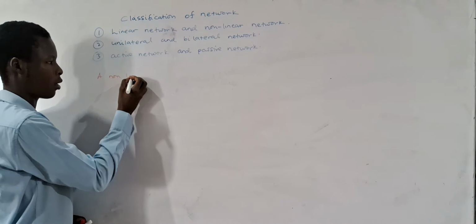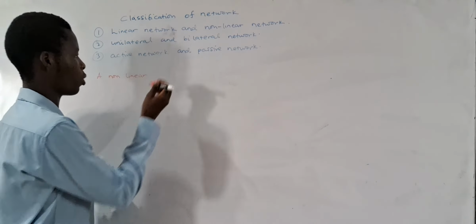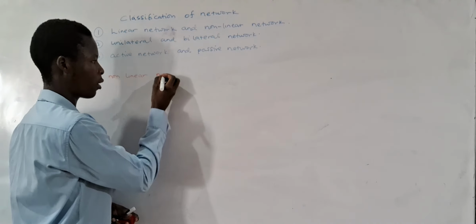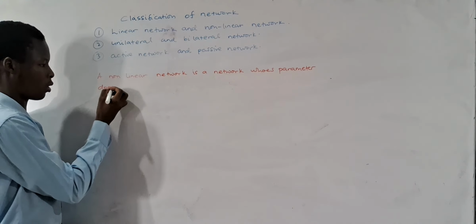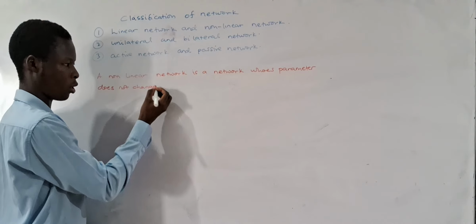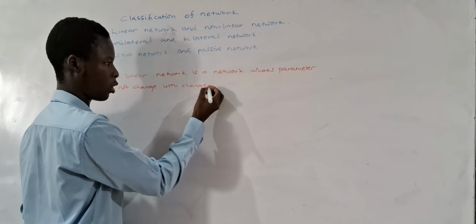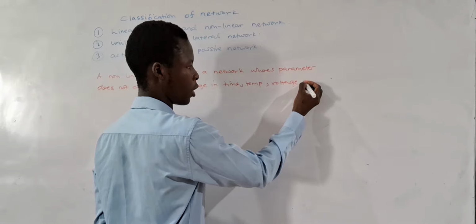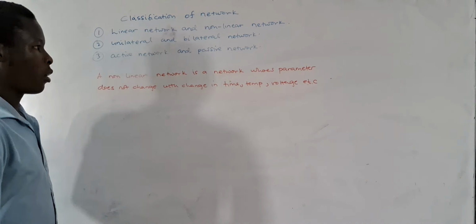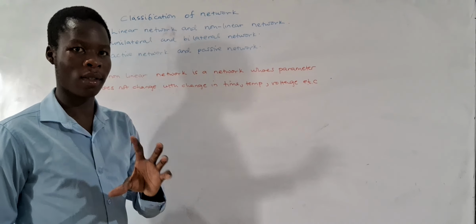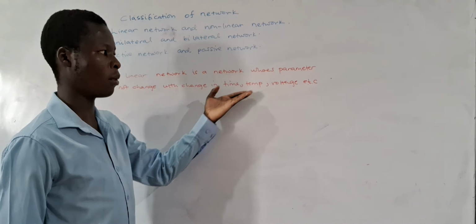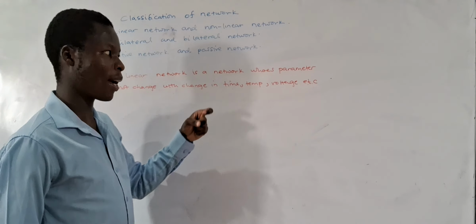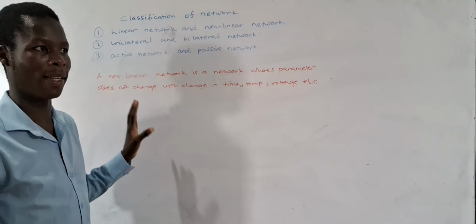A nonlinear network is a network whose parameters do not change with change in time, temperature, voltage, etc. So if the parameters of a network remain constant, even if you change time, temperature, or voltage, the type of that network is called a nonlinear network.